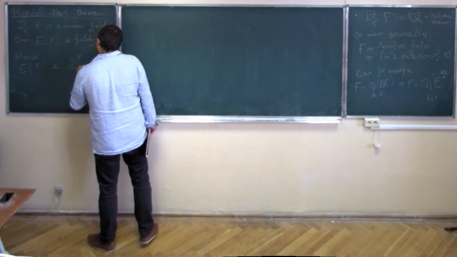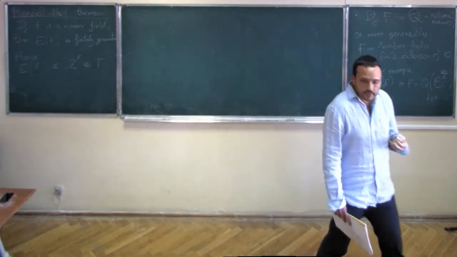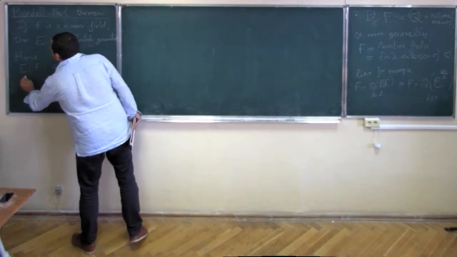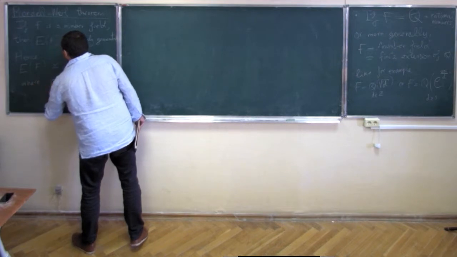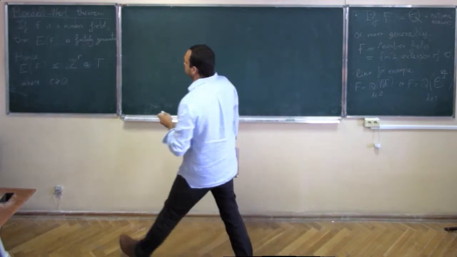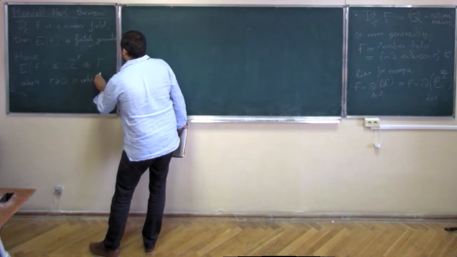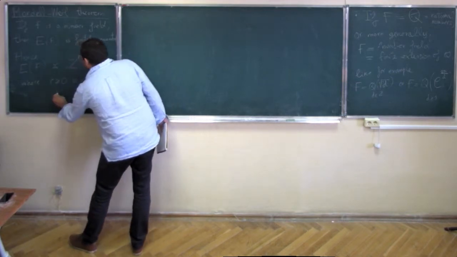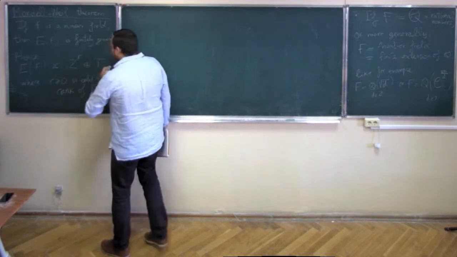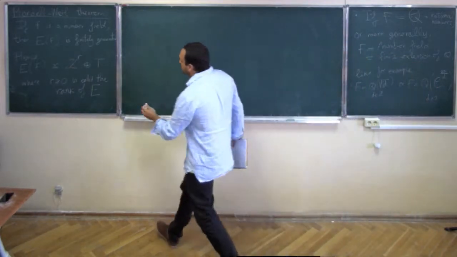E(F) is isomorphic to Z^r times T, where Z is the group of integers, r is some non-negative integer, called the rank of the elliptic curve. When I write the rank of E, I really mean the rank of E over F. I really want to emphasize this.